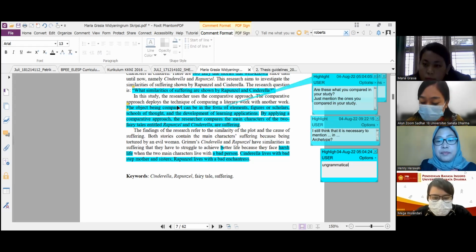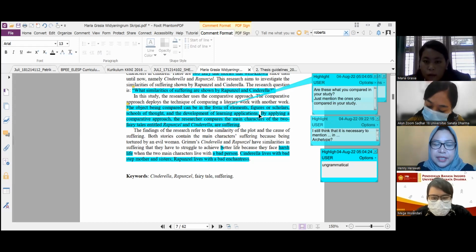The object being compared can be in the form of elements, figures of scholars, schools of thought, and the development of learning applications. What are you compared actually? What did you compare in your study? I did compare two stories, Cinderella and Rapunzel.